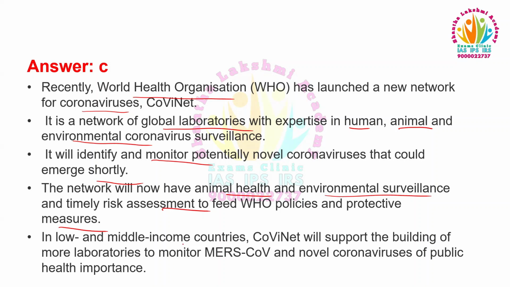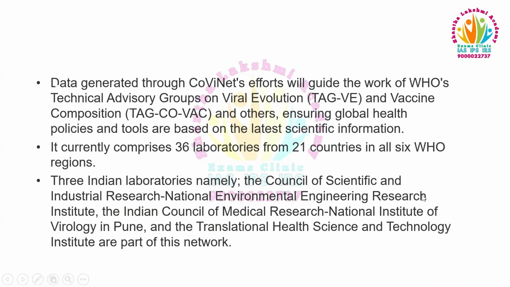In low and middle income countries, CoviNet will support the building of more laboratories to monitor MERS-CoV and novel coronaviruses of public health importance. Data generated through CoviNet's efforts will guide the work of WHO technical advisory groups on viral evolution and vaccine composition and others, ensuring global health policies and tools are based on the latest scientific information.